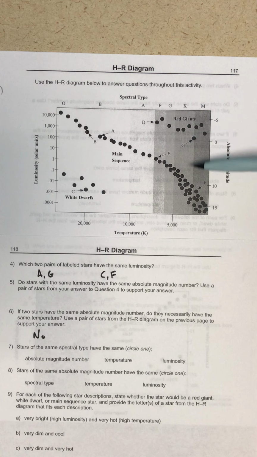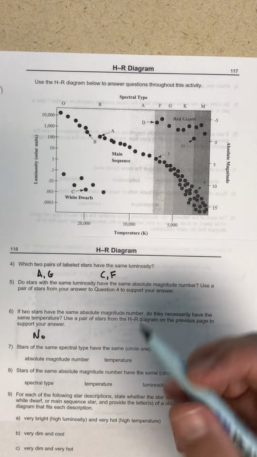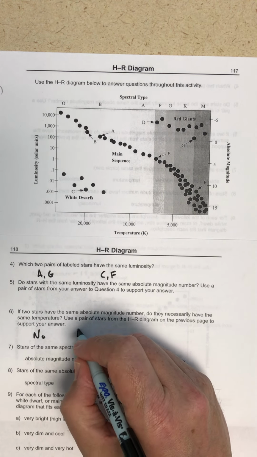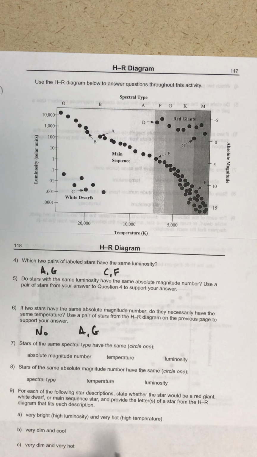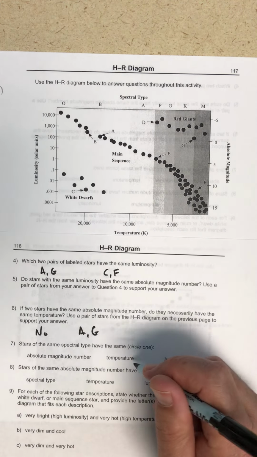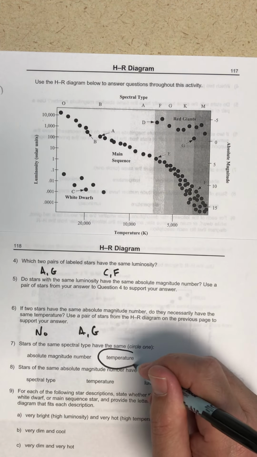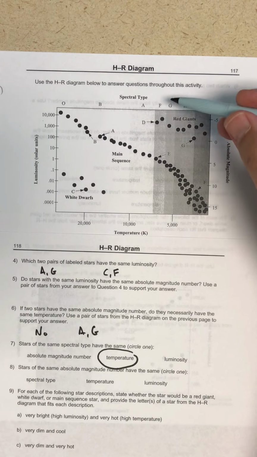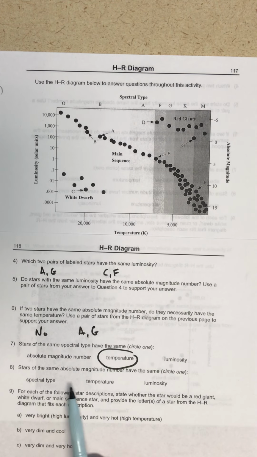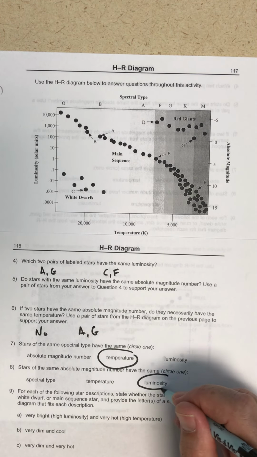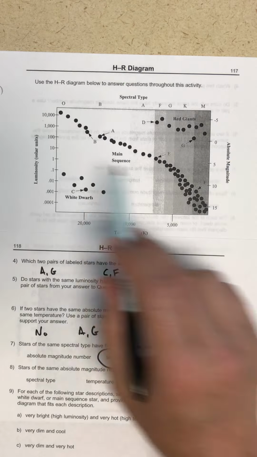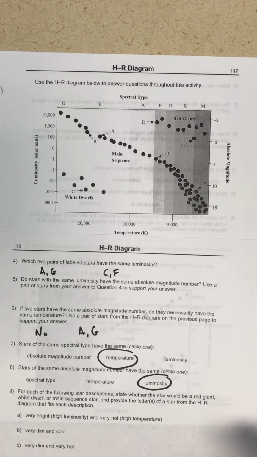Star G is much cooler, around 2,000 Kelvin. Stars of the same spectral type have the same temperature. Those are axes that are opposite each other. Stars that have the same absolute magnitude number have the same luminosity. Those vertical axes are opposite each other and match up one to one.